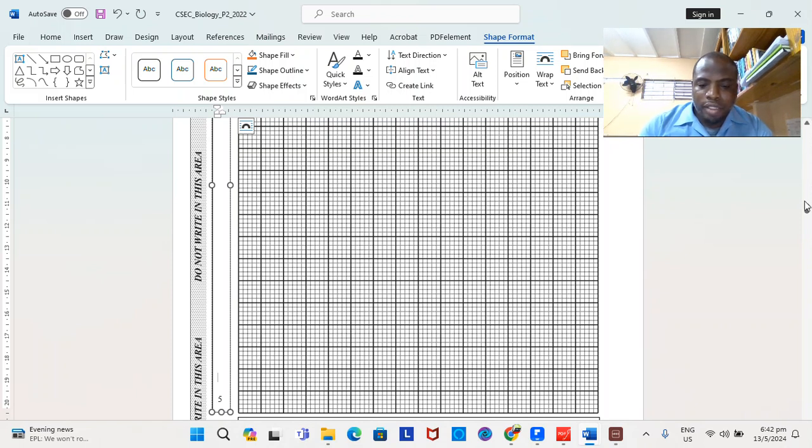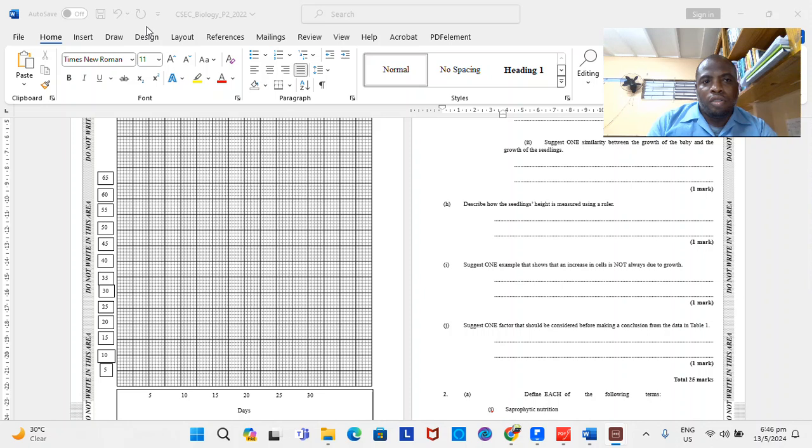So 1 centimeter to 5 centimeters. You're placing both heights on the same graph.